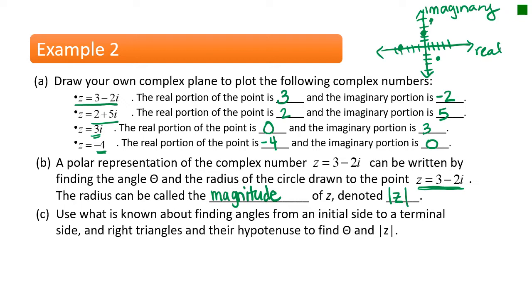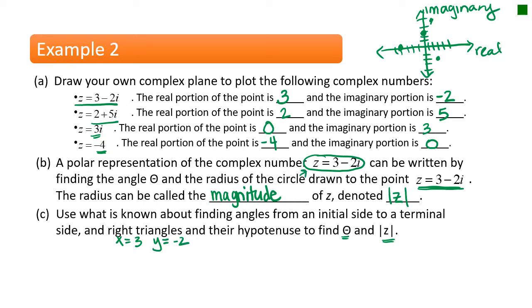Okay, so let's look at this. If we've got to figure out, using this number, we need to find theta, and we need to find the magnitude, which again is the radius. So first we know that our x value is 3, our y value is -2 from this point.